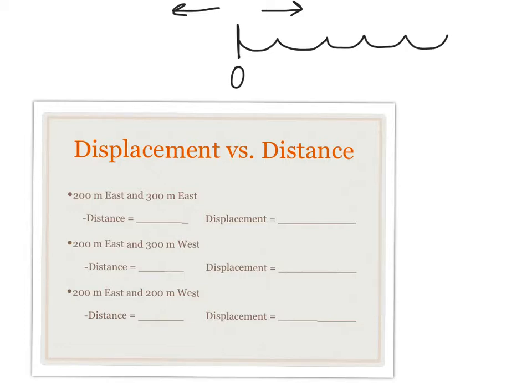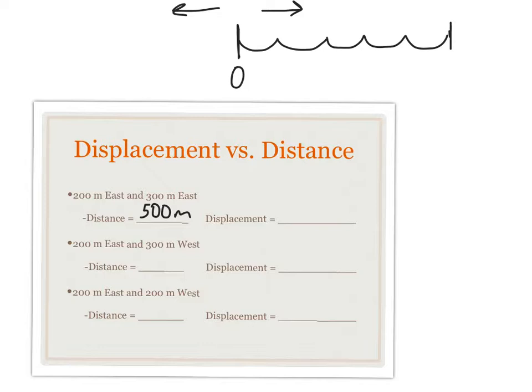300 meters east. So what's the total distance that I've traveled? Well, I've gone a total of 500 meters. For distance, you don't need a directional word. So it doesn't matter which direction I went for the distance. It just matters that I went a total of 500 meters. The displacement, though, does have a direction. So what's my final position?